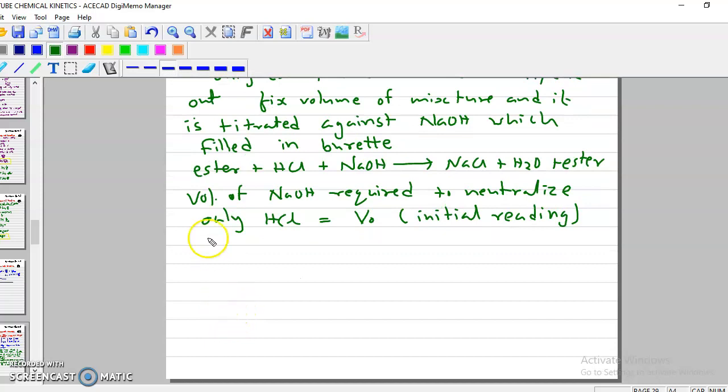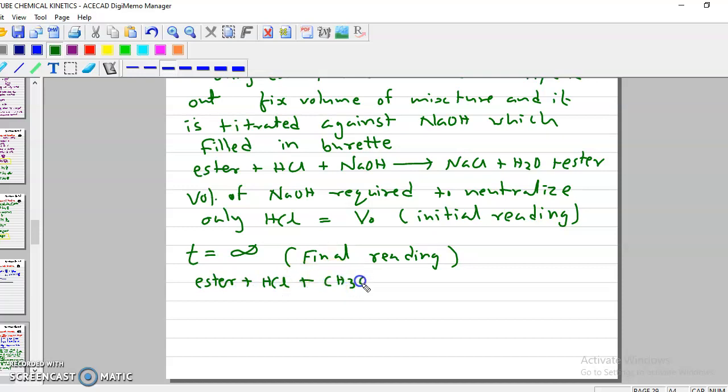Then suppose we take a reading after 3 days and 3 nights. That time will be infinite time. That is called the final reading. So the final reading is taken after 3 days and 3 nights, which is called the reading at infinite time. At that time, obviously, the mixture contains ester plus HCl. HCl is a catalyst, so that remains the same.